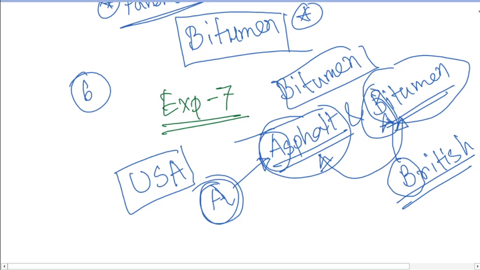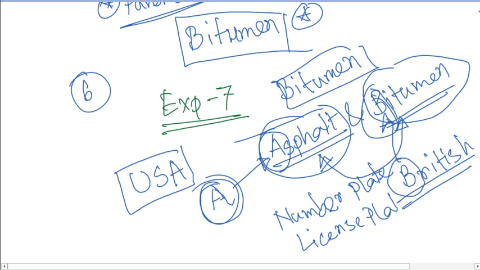These two are basically the same thing. Say, for example, this is the number plate of your vehicle, and another I call the license plate of your vehicle. The difference is like this, nothing else.